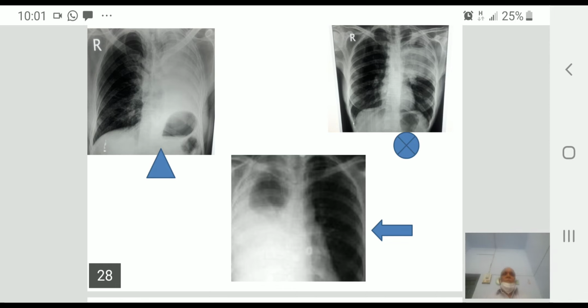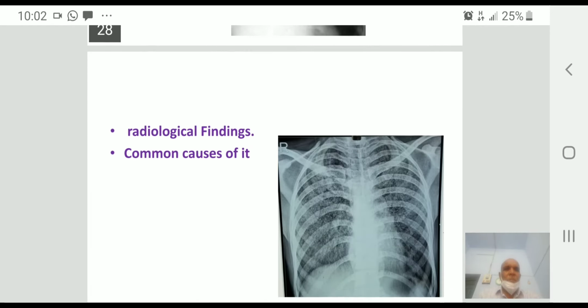So the X-ray with the triangular arrow is due to collapse. Big arrow is effusion, and round shadow is suggestive of pneumonia.